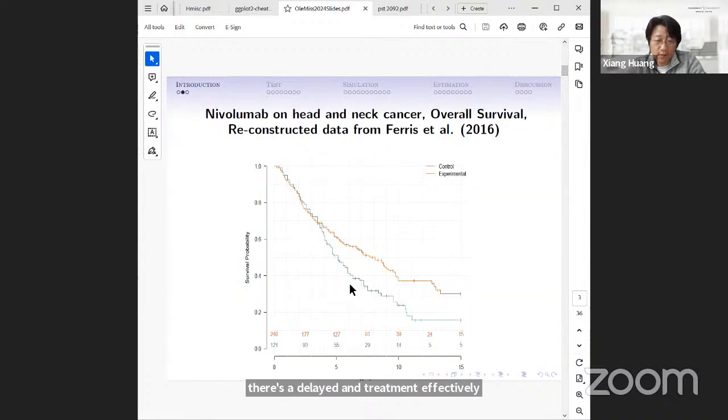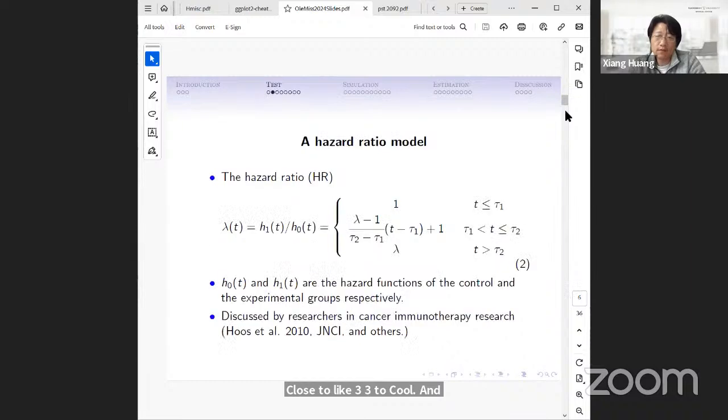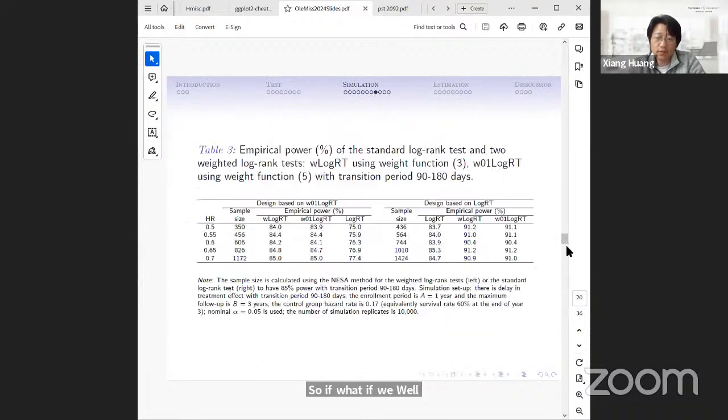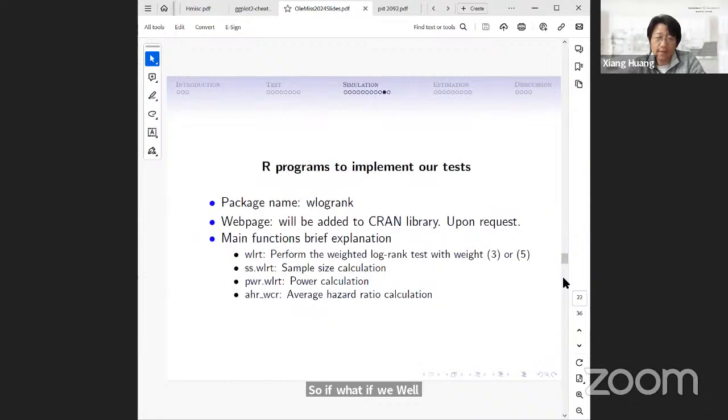You can see by region, it looks like the curves separated close to 3 to 4. So what if we apply our method to this real data set?